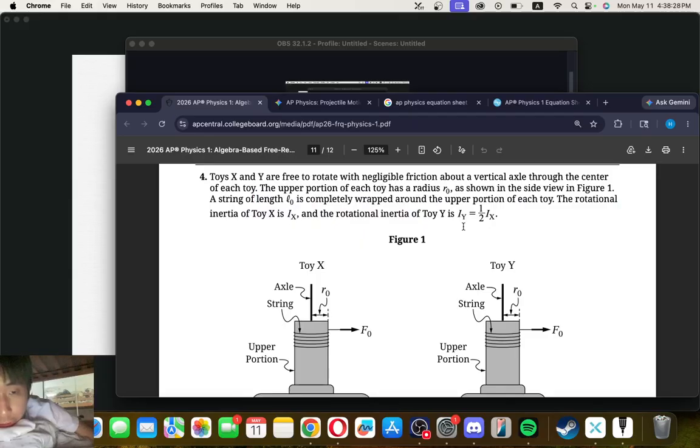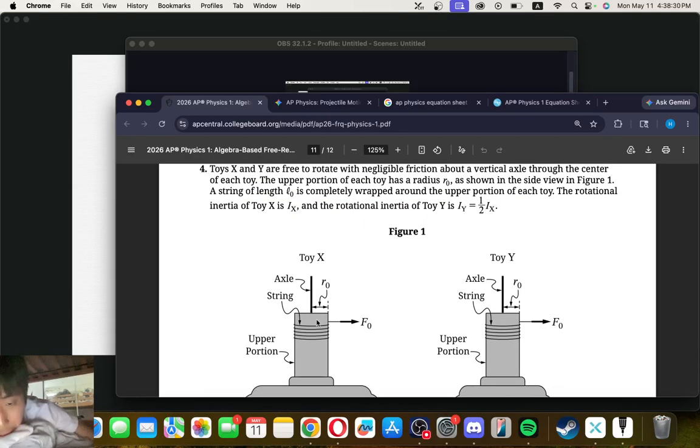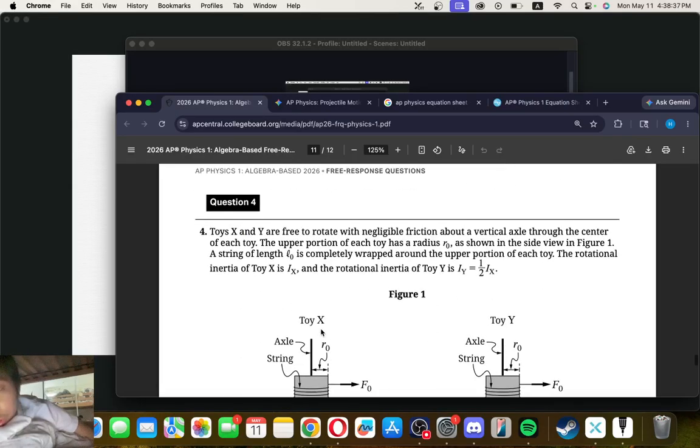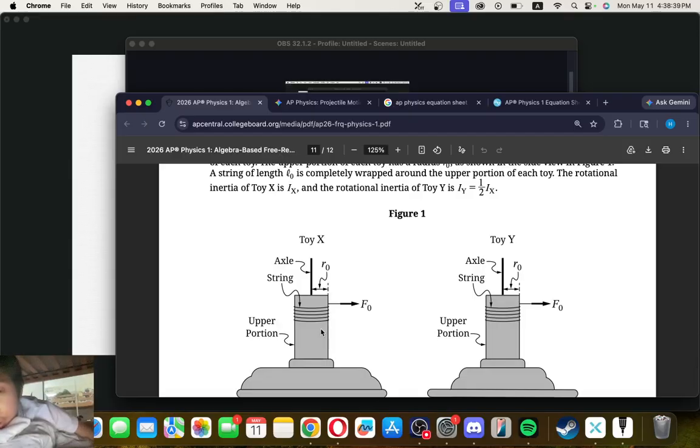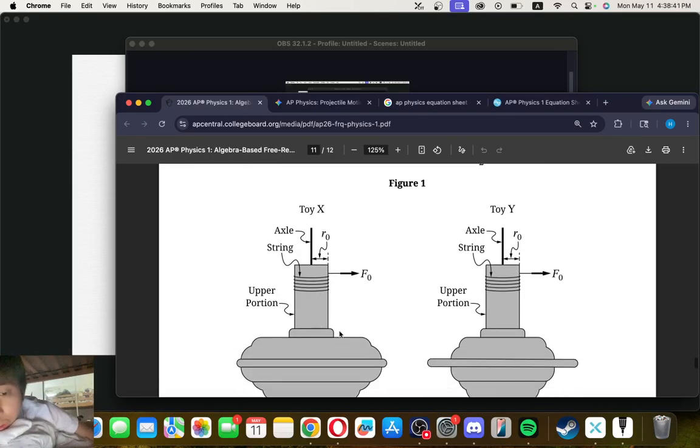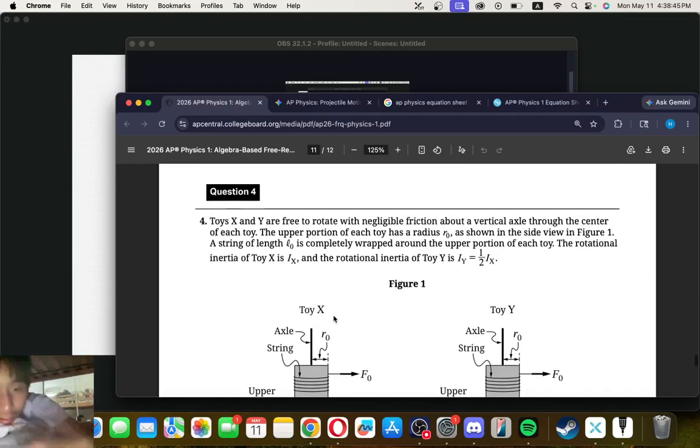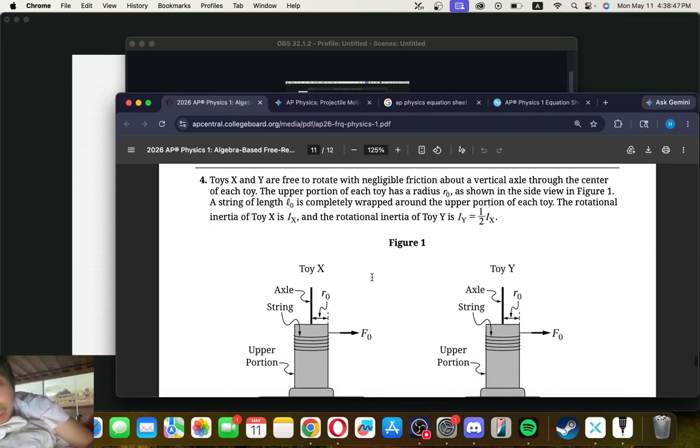What's the string got to do with anything? The rotational inertia, so I assume it's wrapped around in this way. I don't know how this toy works. The string, L0, so I assume you have to pull it up or something, I don't know. It's bad.